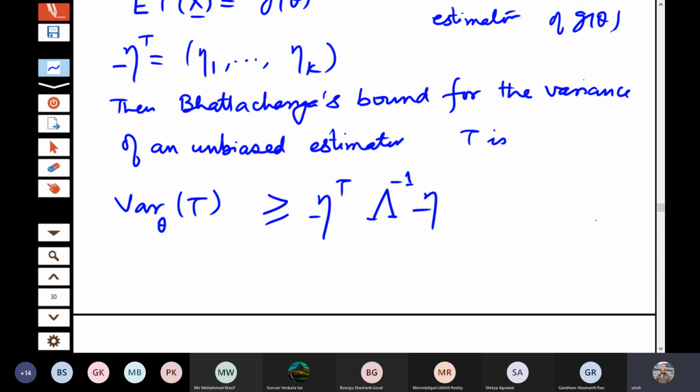So this is a higher dimensional generalization of the Rao-Cramer lower bound.